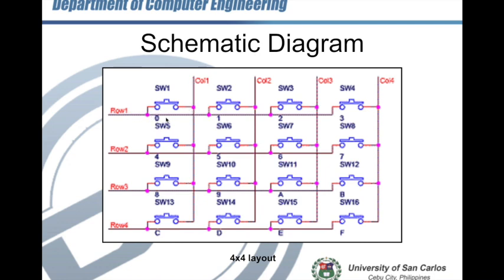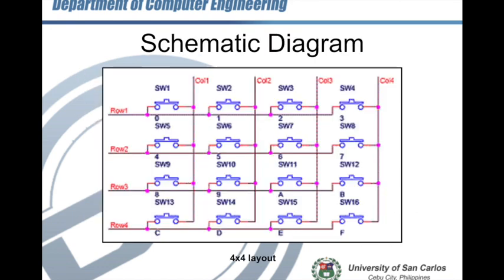And switch 1, 2, 3, and 4 are connected commonly to row 1, while switch 1, 5, 9, and 13 are in common connection at column 1. So it's true for all the switches that the switches are connected in a certain column and a certain row. And each row or column has several switches connected on it.